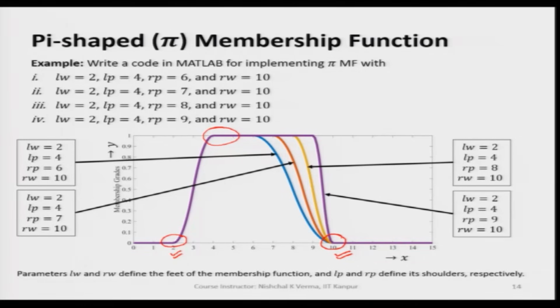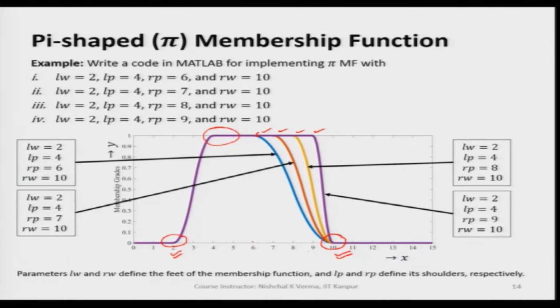Whereas, since we are changing RP, we see that the right shoulder width is changing in all the 4 cases. In the first case we have RP equal to 6, and at 6 you see the shoulder is coming at 6.